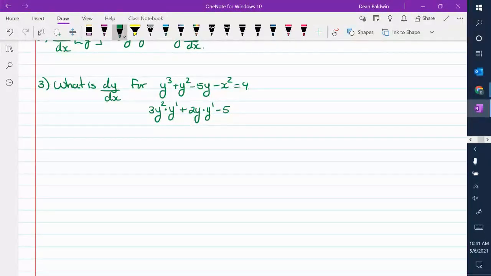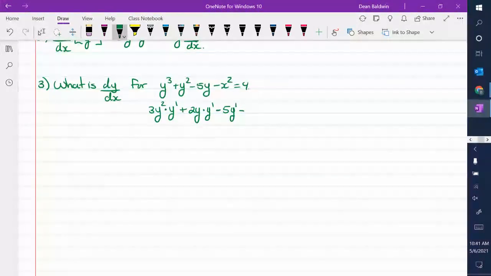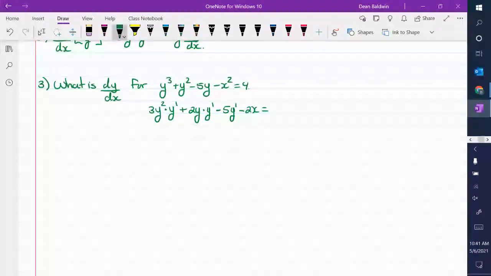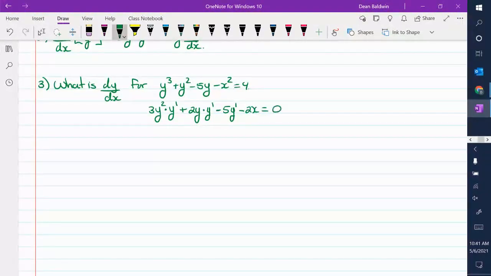What's that derivative? Y prime. Minus, what's the derivative of x squared with respect to x? 2x. The same rules apply, right? Because those variables match, so you just do the derivative as normal. So it's minus 2x. Equals, what's the derivative of any constant? 0.